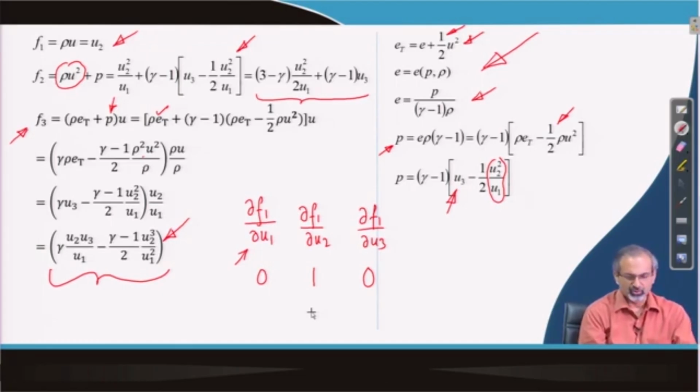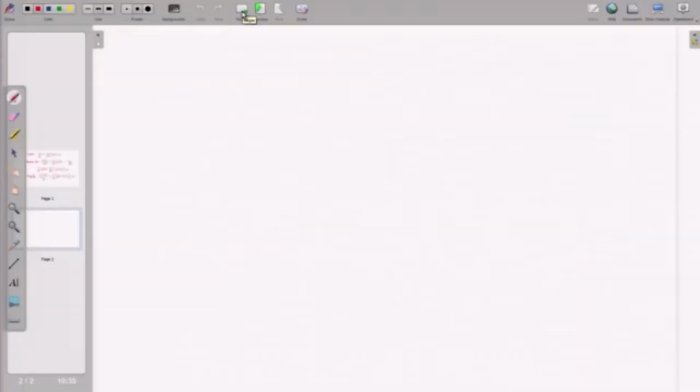If you go to the second row, then you have to work with this expression and then take the partial derivatives with respect to U1 first, then U2, then U3, right. So, if you take with respect to U1, then you will find the different components and you can do the simple calculations. So, you can say del F2 del U1.